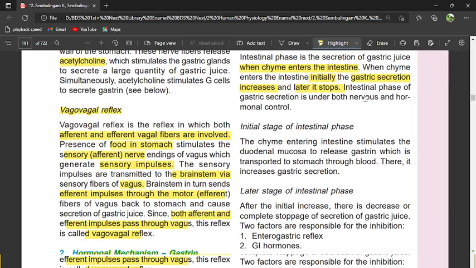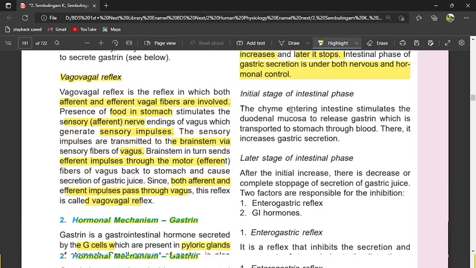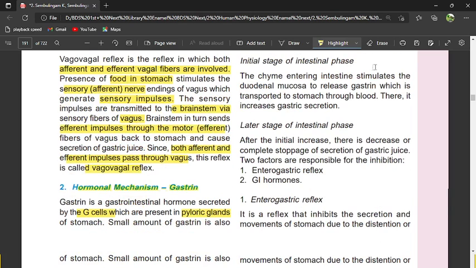Gastric secretion is under both nervous system and hormonal control. When the chyme enters the intestine, it stimulates the duodenal mucosa, and the stomach through the blood.